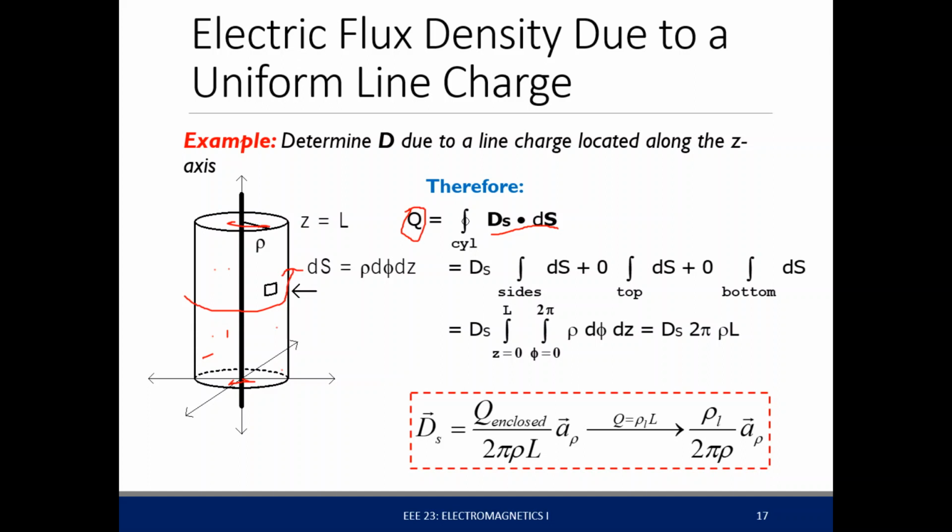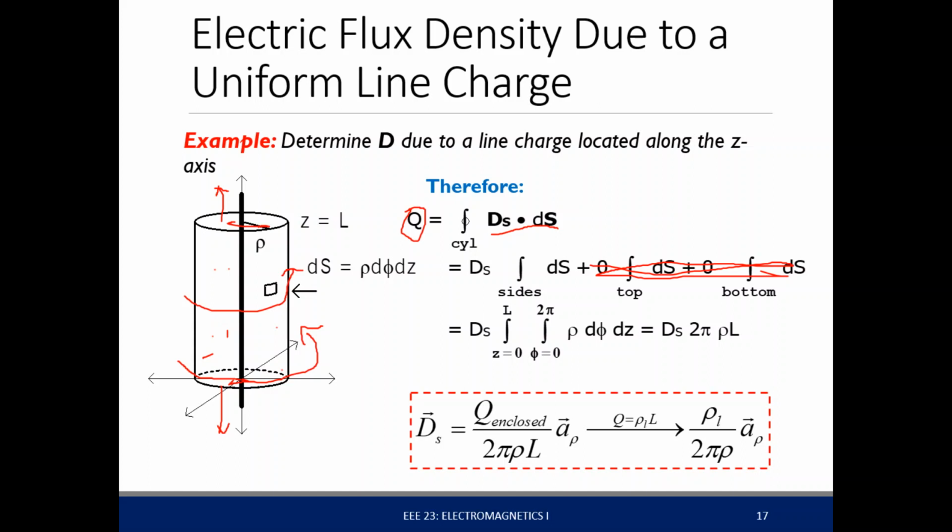Why is it 0? Because the dot product of your field here is 0. Okay? And the integral of the bottom is also the same, since this is also a normal component. So you'll be left with just the expression for the sides. And what are the bounds of this given surface here? Since you're going one whole revolution on the phi axis, your phi is bounded from 0 to 2 pi.